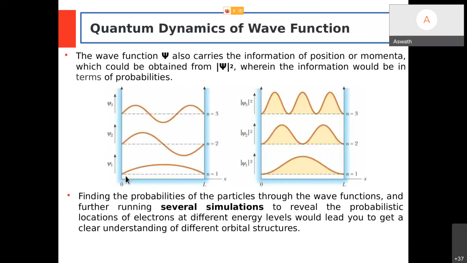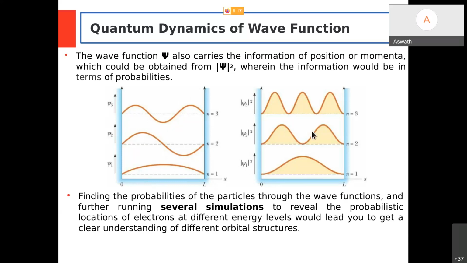So the lowest orbit may have half a wavelength confined in that orbit, then one wavelength, then 1.5 wavelengths may be confined in that orbit. How this wave is connected to the electron's presence is very simple. We take a wave, which is a mathematical function, take the modulus and square it, and what you will get is, for this corresponding wave, there is a hill.